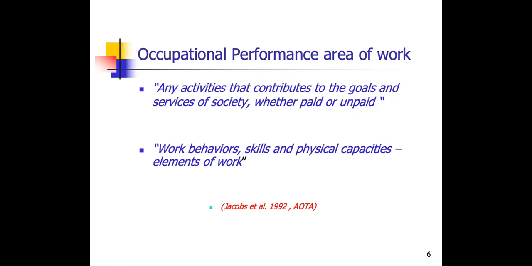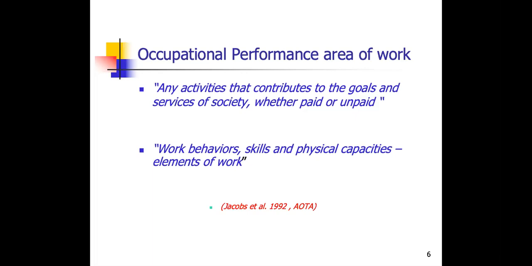Punctuality, cooperation, participation, skills. Skill is something that you are able to perform, kan? For example, kalau you bekerja sebagai clerk, katakan, kerani. Kerani, what type of job is it? They must have the skill of typing, using a computer. This is their skill. And their physical capacity can be walking.